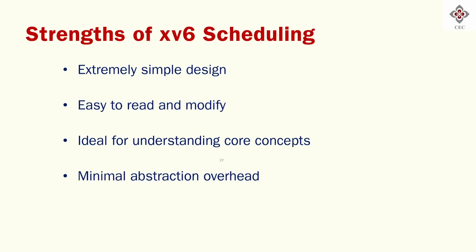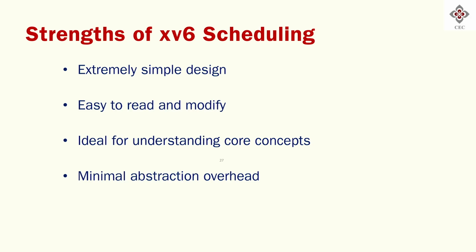So, what is the strength of XV6 scheduling? Even though it is a very simple version of normal scheduling mechanisms, we follow the logic of round robin. It is an extremely simple design, easy to read and modify. It is ideal for understanding core concepts of scheduling with minimal abstraction overhead. So, it gives us exposure to work at the kernel level.